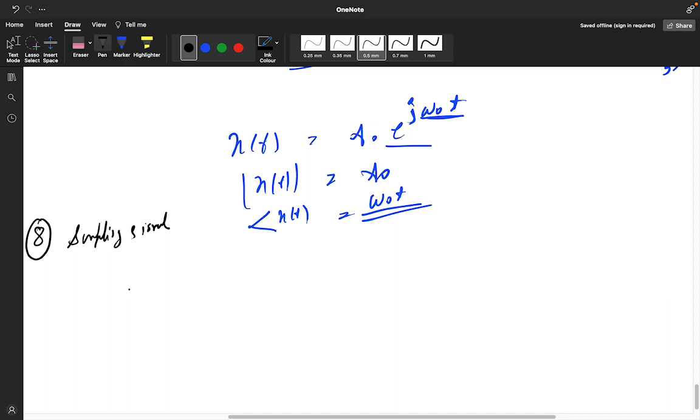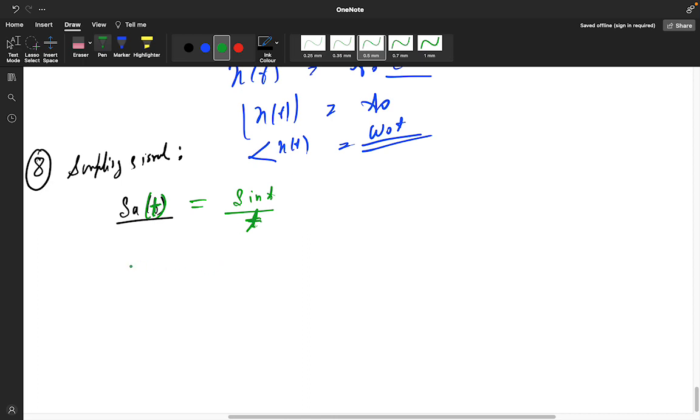Actually, the sampling signal is denoted by sample of t, and the meaning of this is sin t divided by t. Sin t divided by t is the notation.